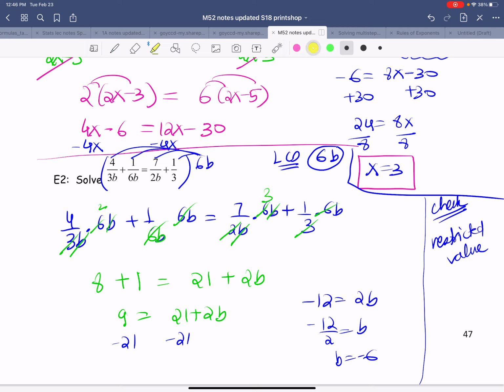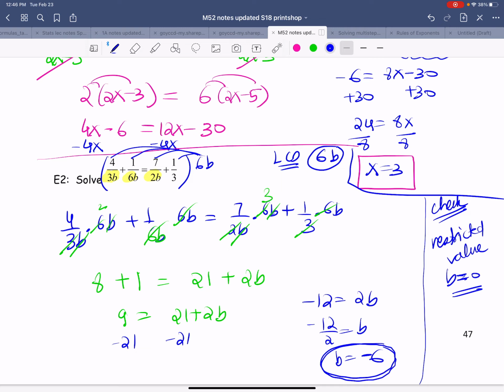So what's the value of the variable that would make these denominators 0? Well, only b equals 0. That's the restricted value, and that's not what I got as my solution. So it's okay to go ahead and circle, box, highlight this solution and say this is the solution to this rational equation: b equal to negative 6.